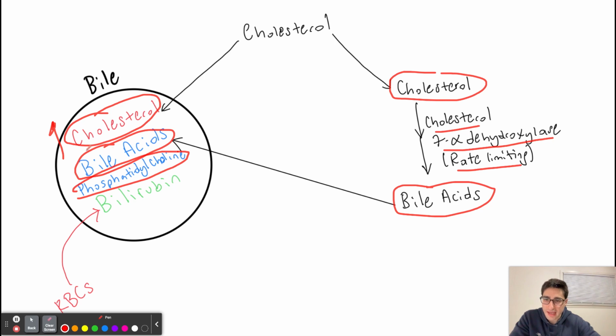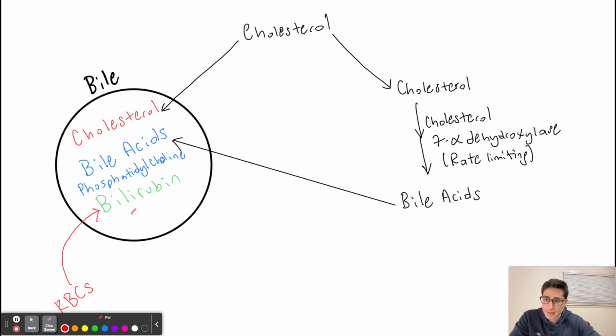And so this extra cholesterol can then precipitate out of the solution to make cholesterol stones. So in this patient, she probably has high levels of cholesterol as well as low levels of bile acids and phosphatidylcholine because she's presenting with gallstones, so she most likely has these conditions in her body.